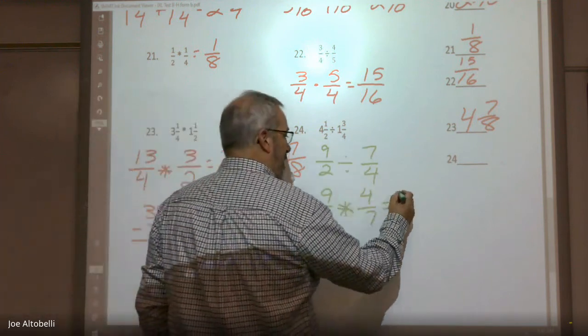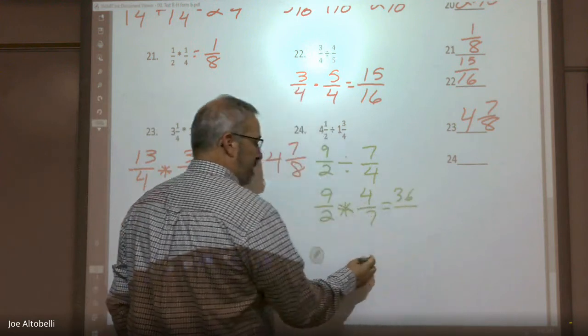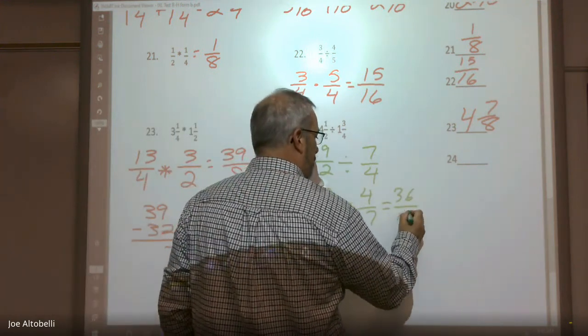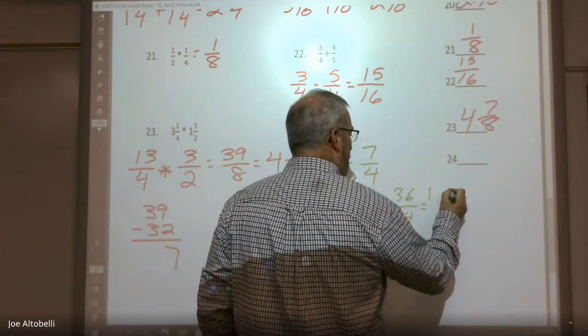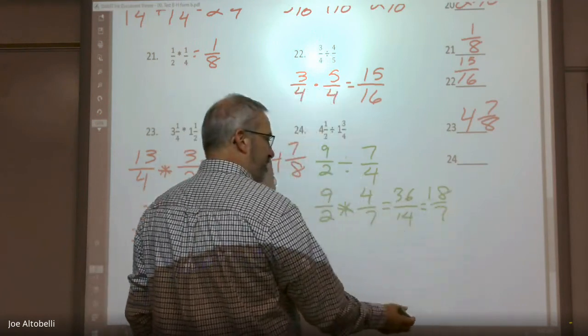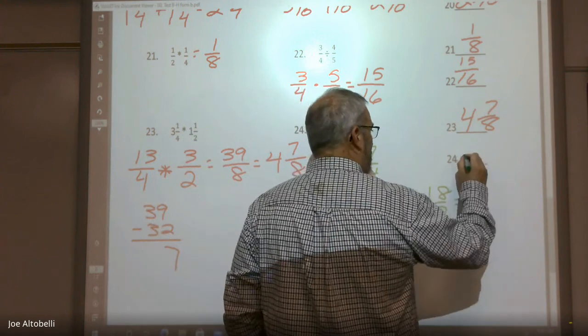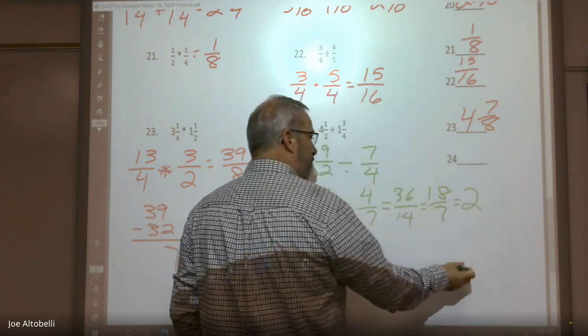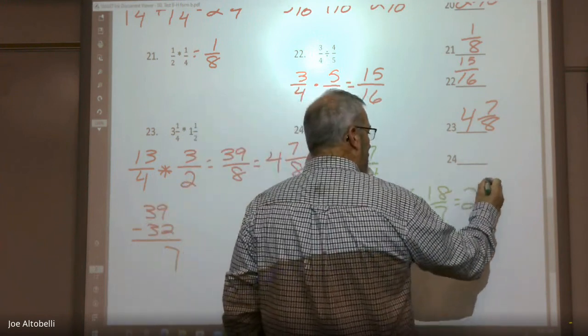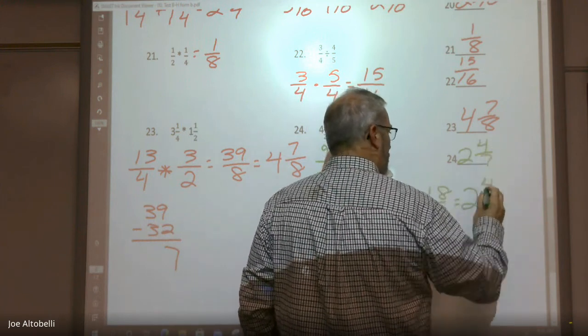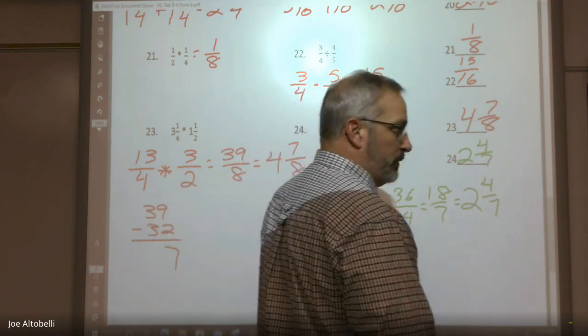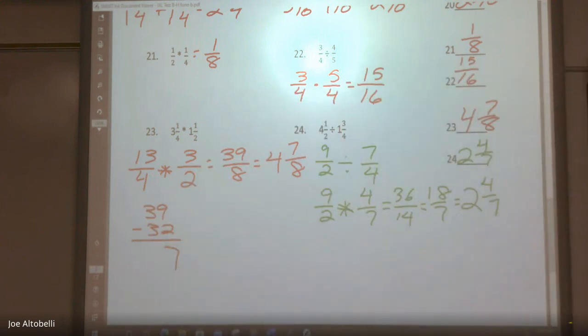Top times top, 36. Bottom times bottom, 14. 2 goes into both, 18/7. So that's 2, that's 14, and 4/7. So we get 2 and 4/7.